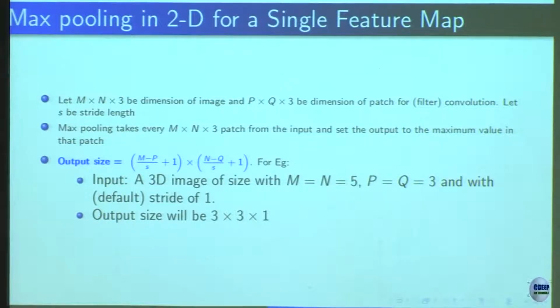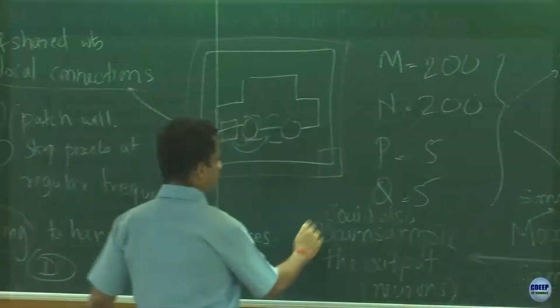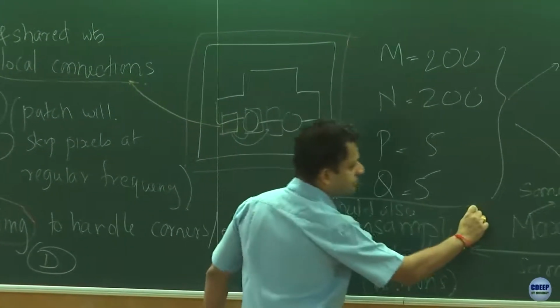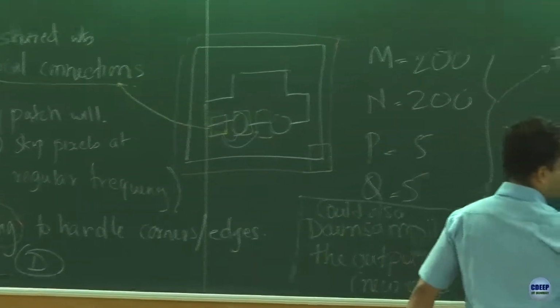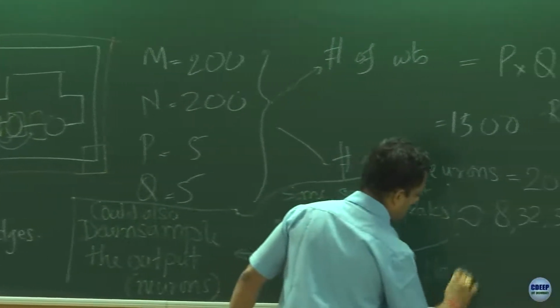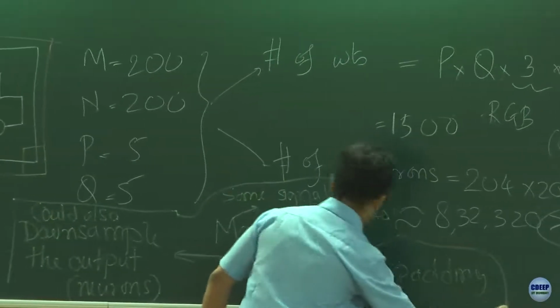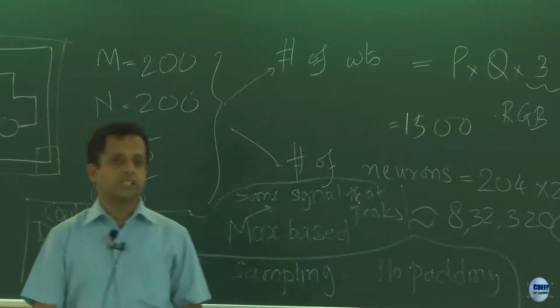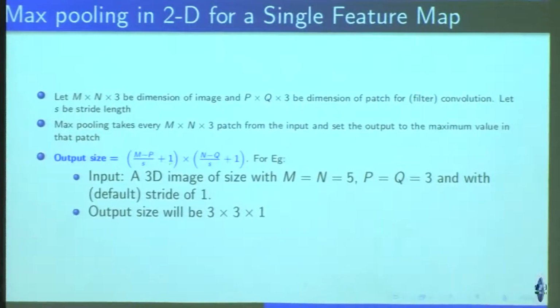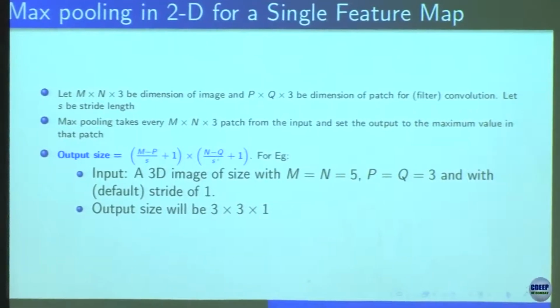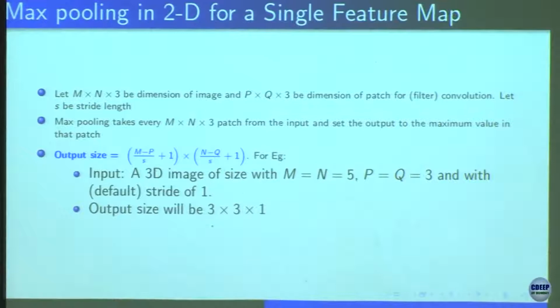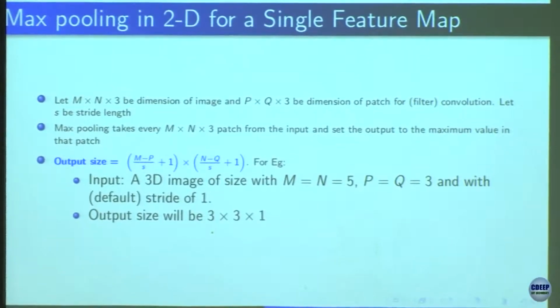Okay, so it has all the elements except padding. No padding. So these are all characteristics. So because of that, the depth dimension disappears, everything else remains the same. M minus P divided by S plus 1 is the size of the output, and N minus Q divided by S plus 1 is the output.